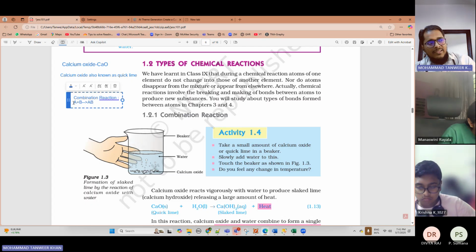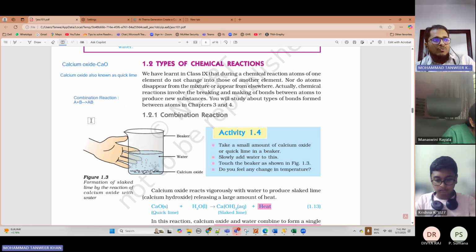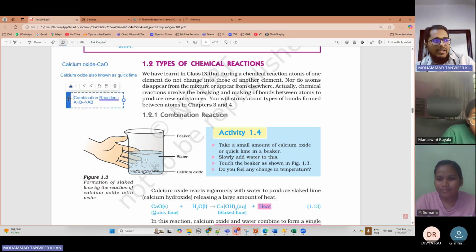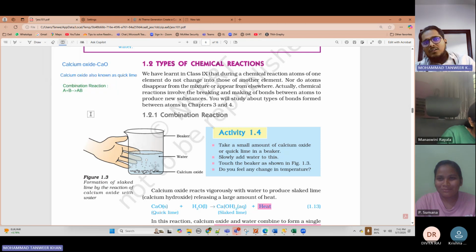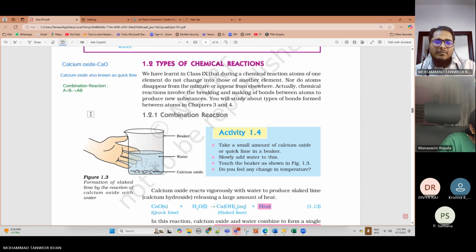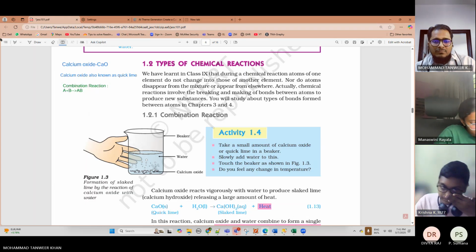It means on the reactant side you have two reactants, but you are getting one product. So this is known as a combination reaction. Is this clear? Yes, sir. Krishna, clear? Yes, sir, it's clear.